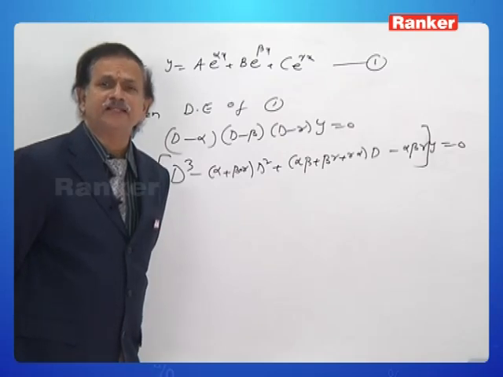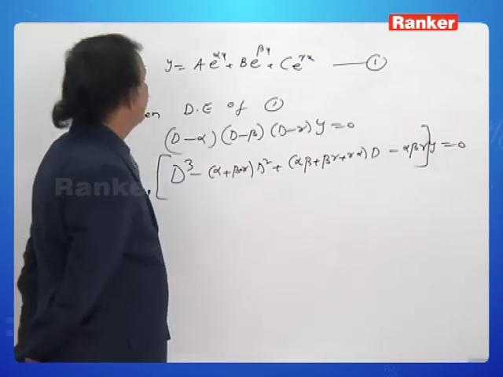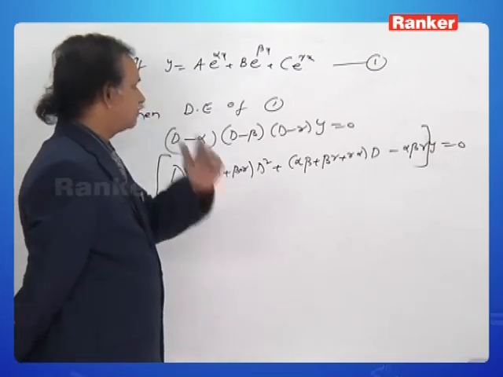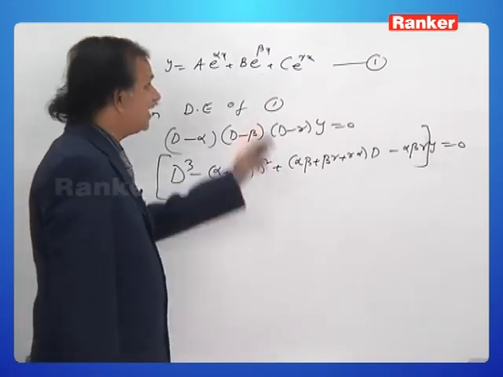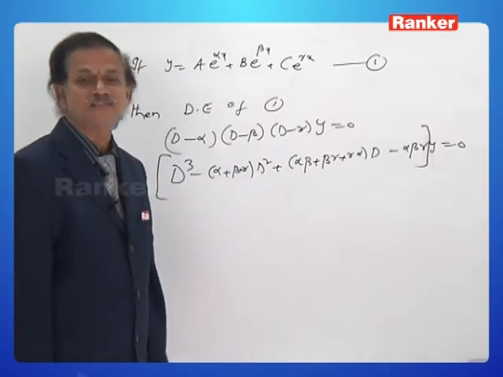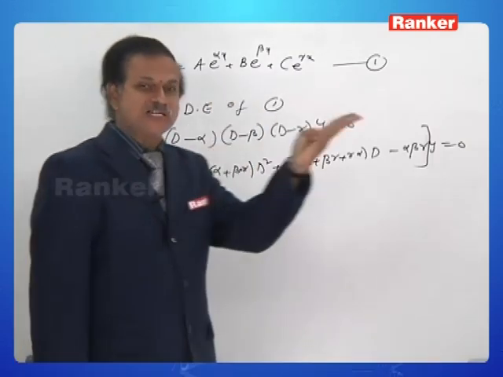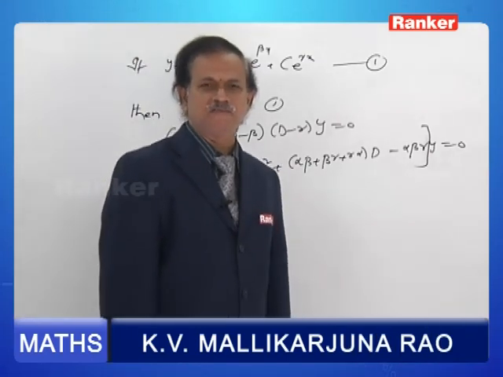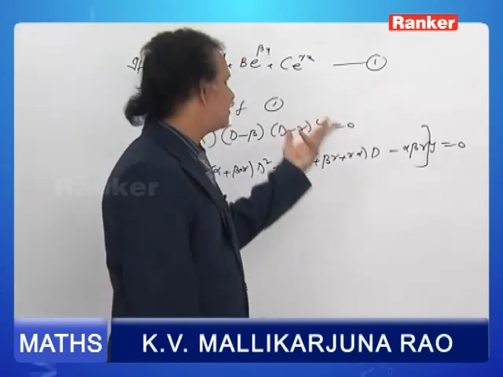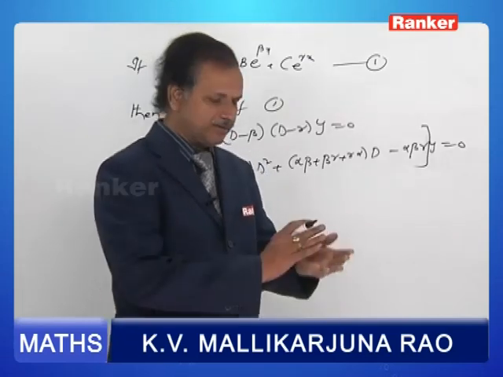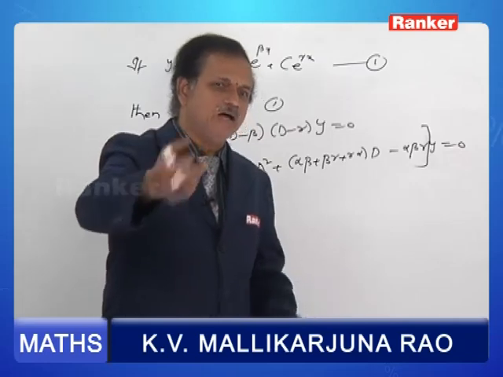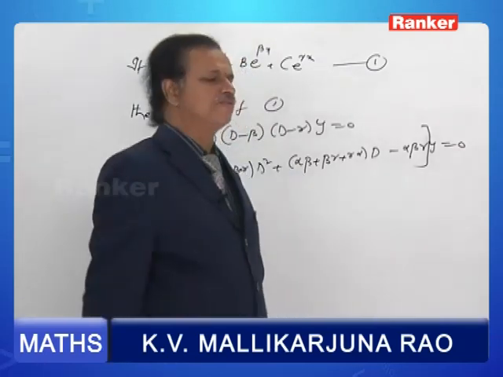You may get another doubt. If y is equal to a e power alpha x plus b into e power beta x plus c into e power gamma x plus d into e power delta x, if there are 4 such constants to be eliminated, then also we will be able to extend this. How? d minus alpha into d minus beta into d minus gamma into d minus delta of y is equal to 0.